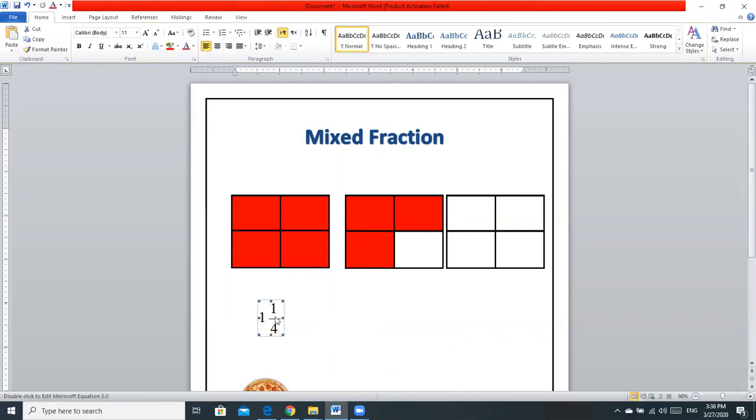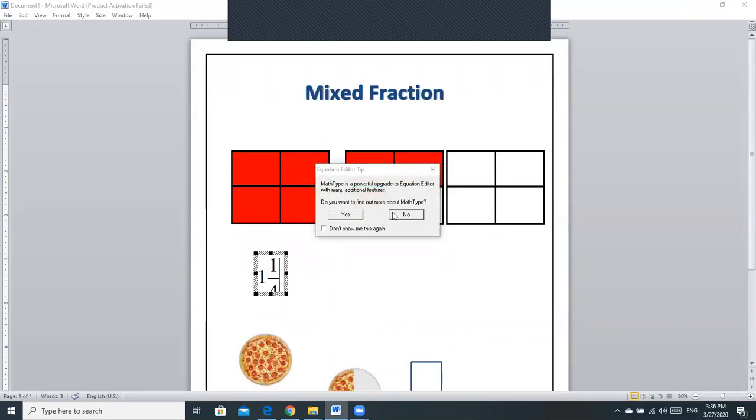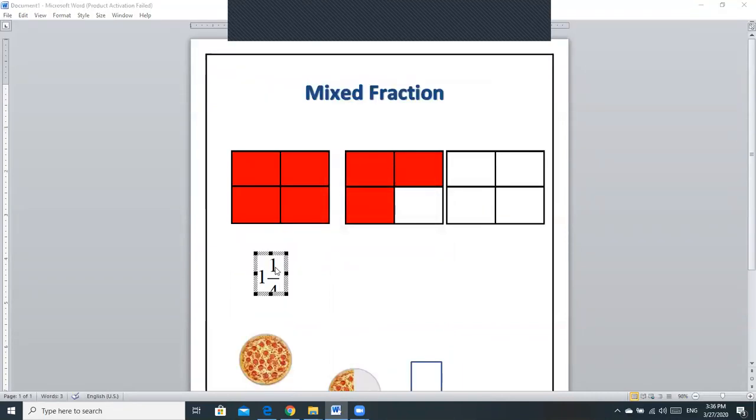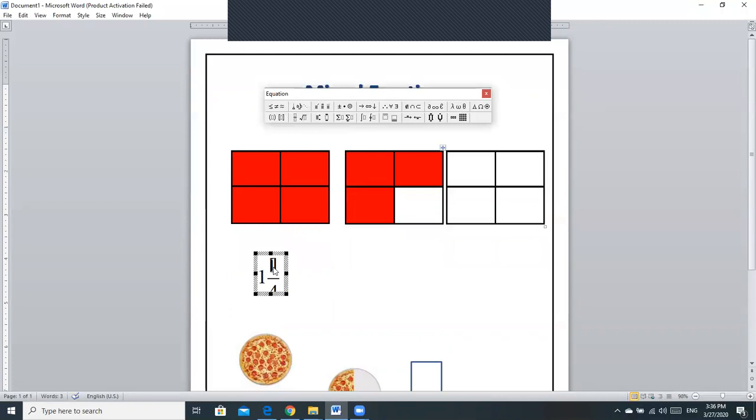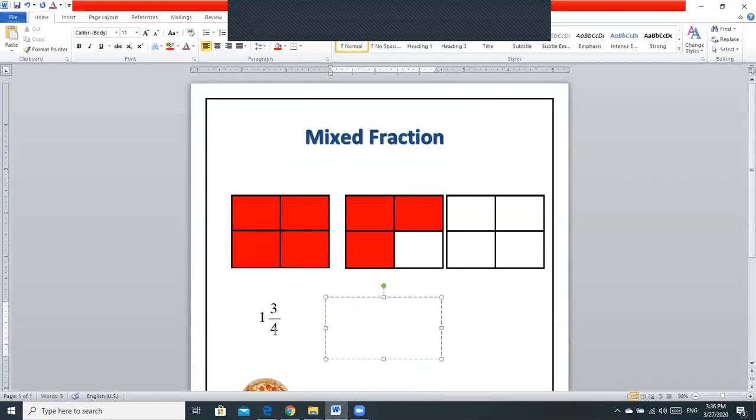So if I want to write this fraction, how to write it? I eat one whole and 3/4. I eat one whole bar of chocolate and 3/4.